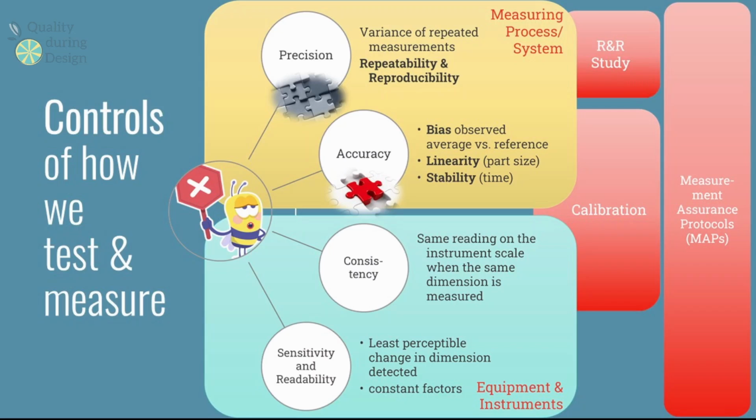To evaluate the precision of our measuring process or system, we can do an R&R study, repeatability and reproducibility study. To ensure accuracy and consistency, we can rely on calibration. And to ensure the whole measuring process system with its equipment and instruments is in control, we might rely on a measurement assurance protocol, or an MAP.